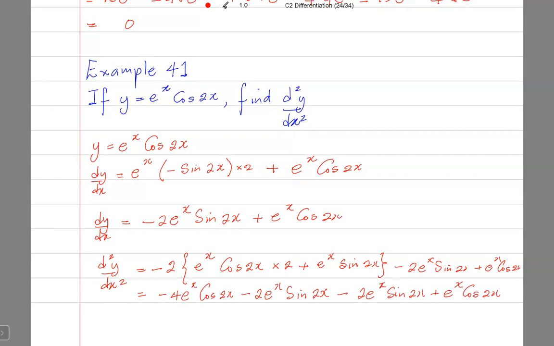All right, this is 4 and this is minus 3. So it looks to me like this is minus 3 e to the x cos 2x minus 4 e to the x sine 2x. That's what I got.